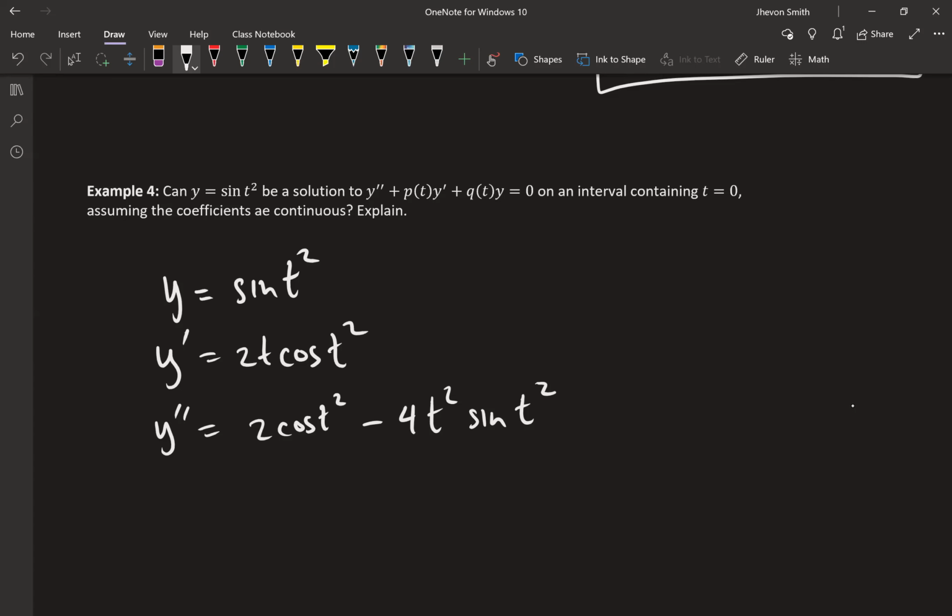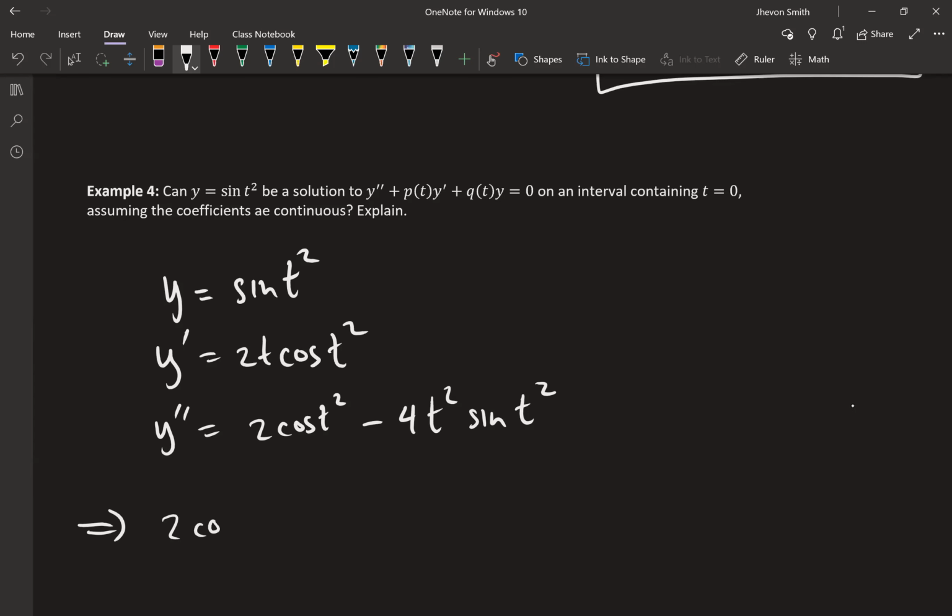And so essentially what you would be able to say is that, now sometimes you can get to a point here where you realize, you know what, after I plug this guy in, and I try to put things in standard form, it's going to be a problem. But for this one, there's no obvious problem just yet.